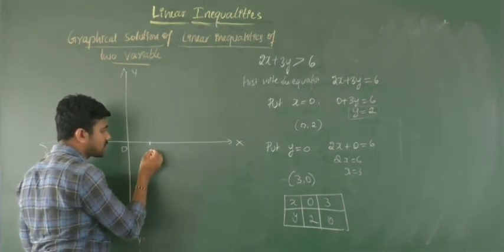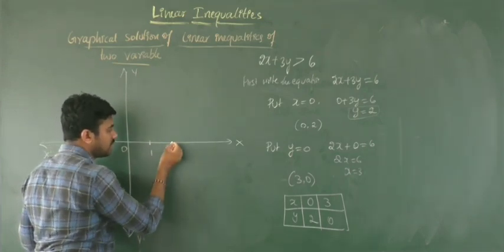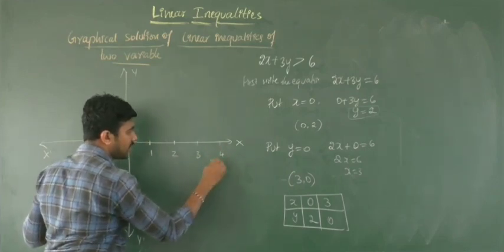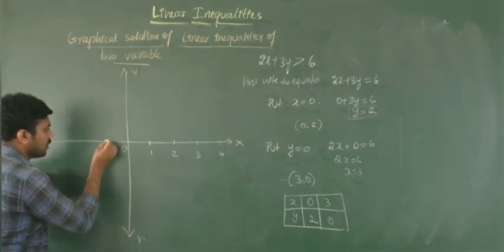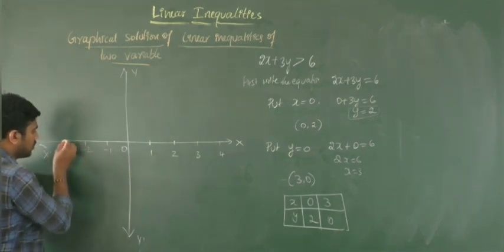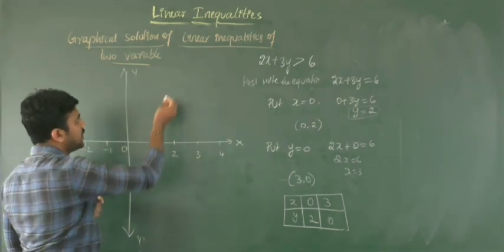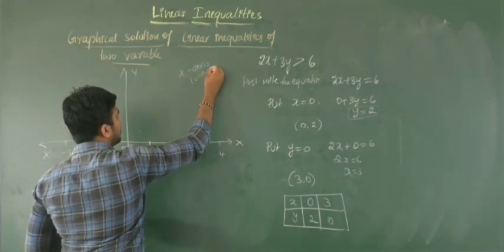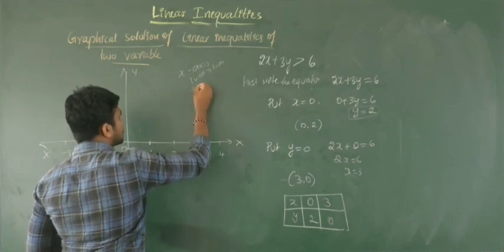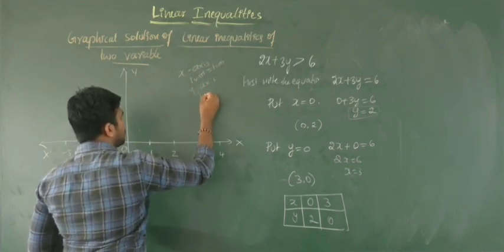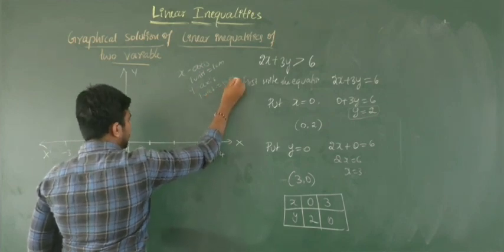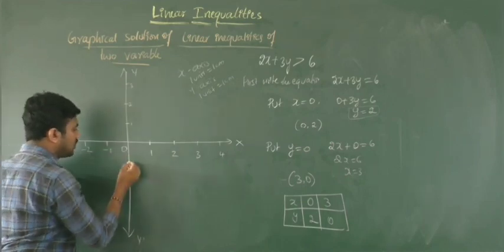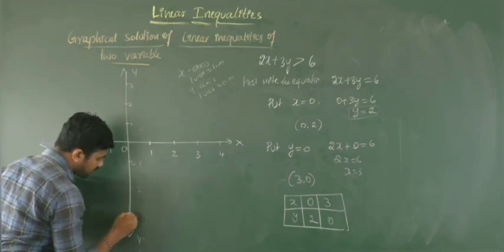Consider points at the same length, each point of same length: 1, 2, 3, 4 and so on, and here minus 1, minus 2, minus 3. On the x axis, 1 unit means you can take 1 centimeter. Similarly, on the y axis, 1 unit means take 1 centimeter. So you get 1, 2, 3, minus 1, minus 2, minus 3.